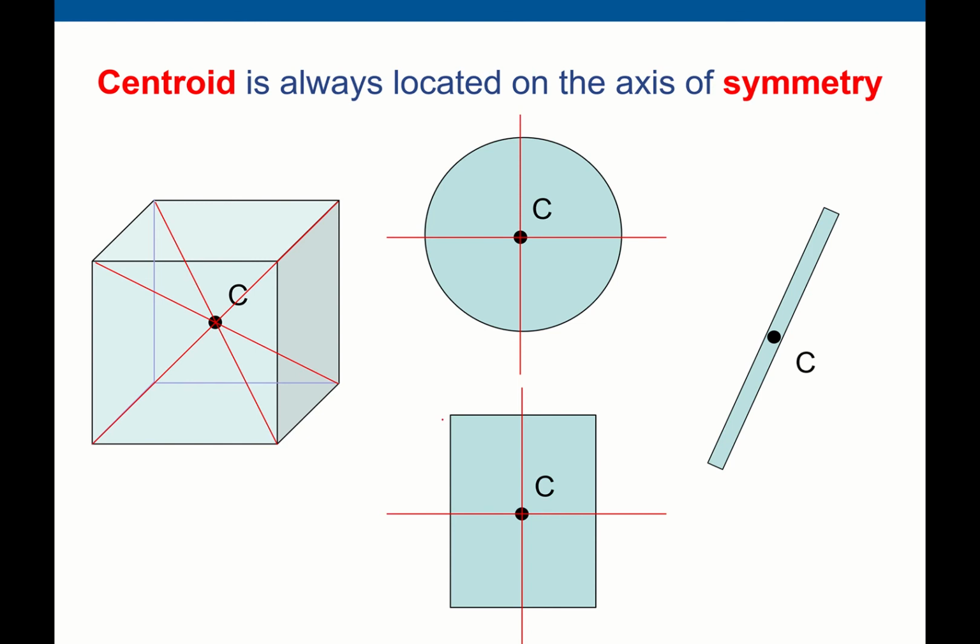For example, in this rectangular box, you can draw two lines that separate it symmetrically. So in this case, the center is the centroid. For a line, it's easy: you can fold the line in half symmetrically, so the center is the centroid.